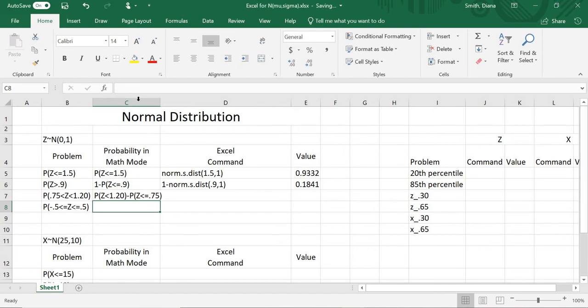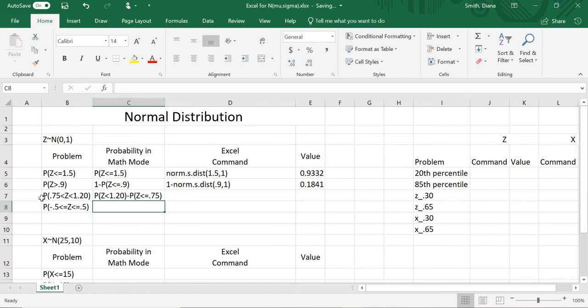I have a lot of people who will switch these around because they'll do the 0.75 minus the 1.2, because that's the order it is in the single written probability. But remember, it's always the bigger one minus the smaller one. If you do it in this order, you'll get a negative number, and probabilities cannot be negative. That just means you probably switched the order.